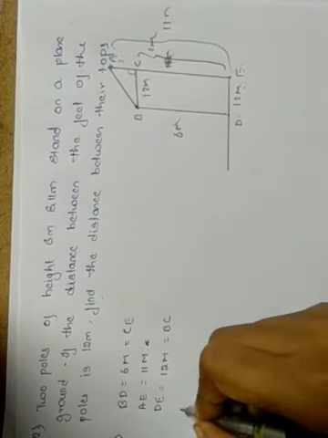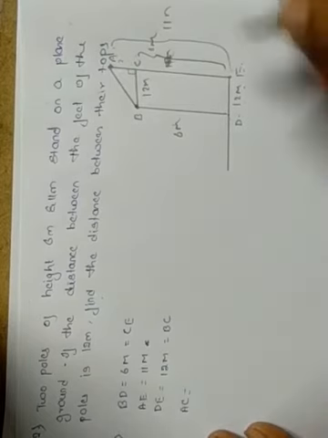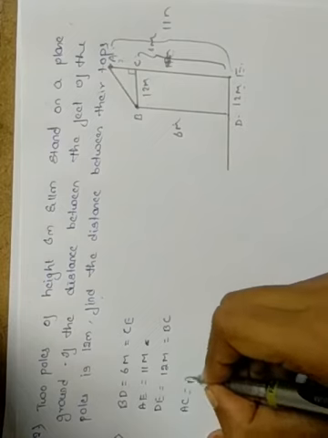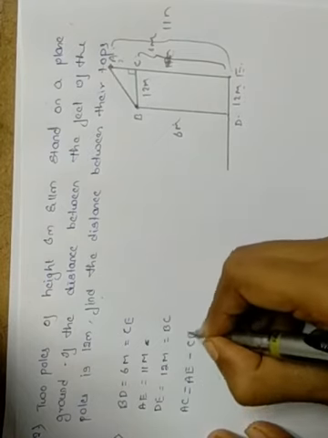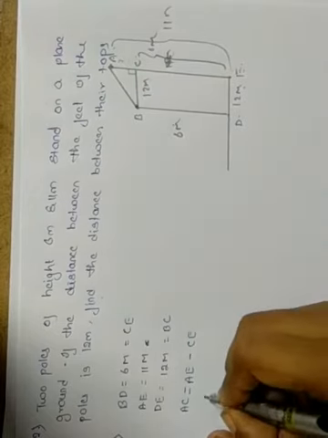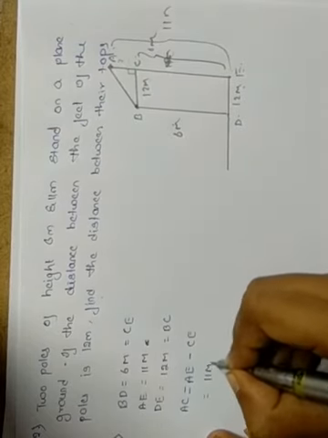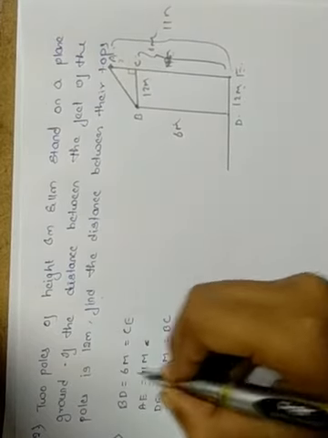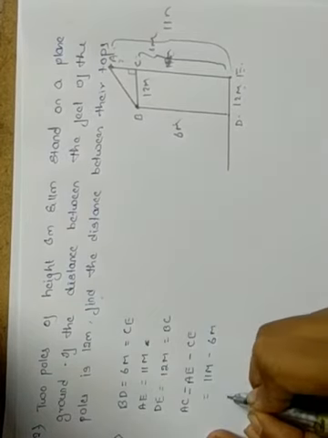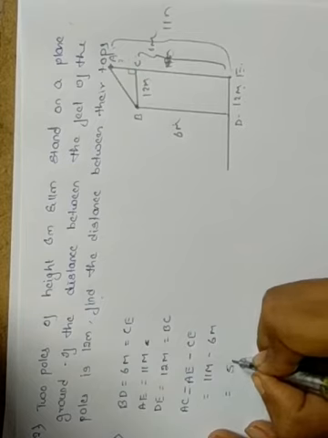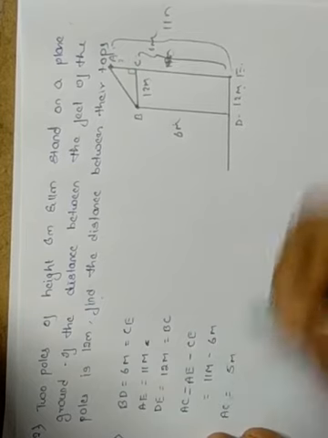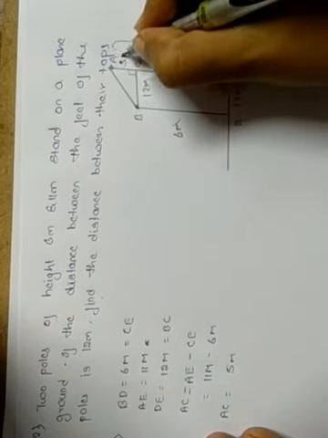Now we have to find AC. To find AC, I will do AE minus CE. AE is 11 meters and CE is 6 meters. Subtracting, we get 5 meters. AC is 5 meters.